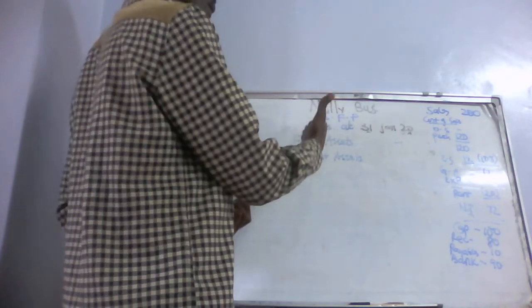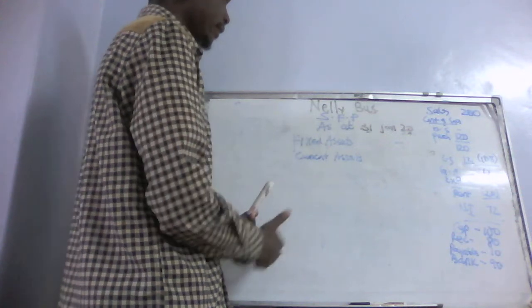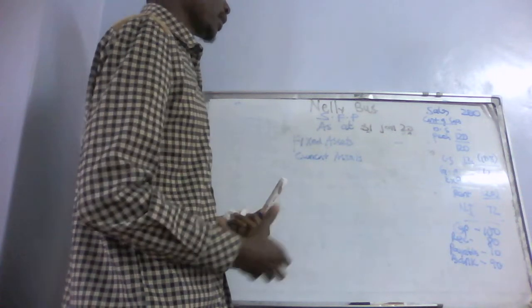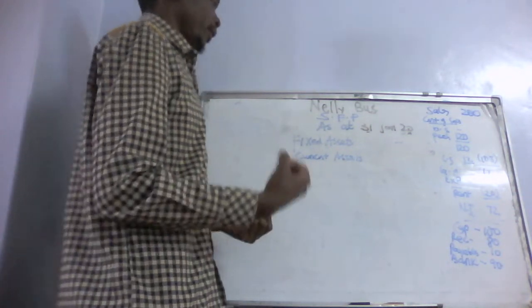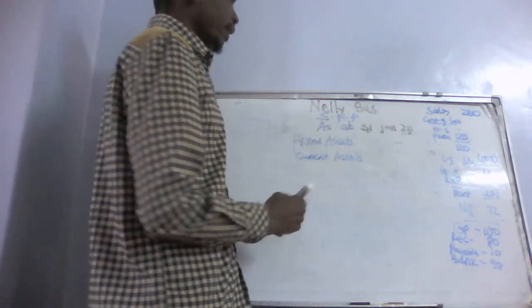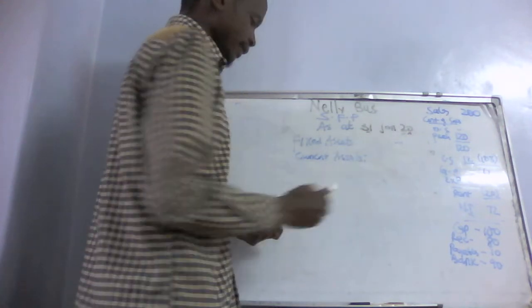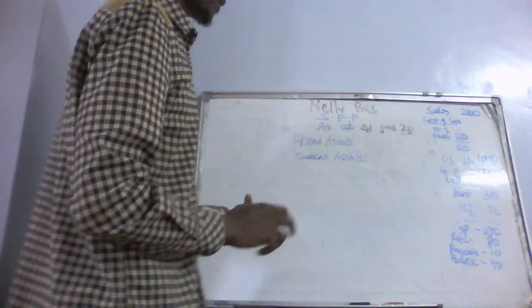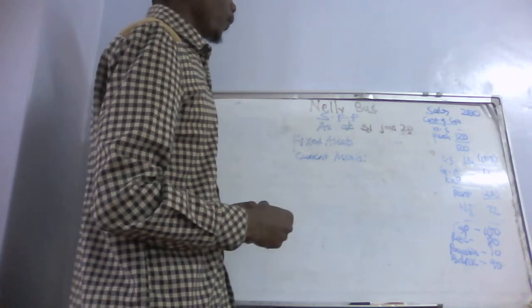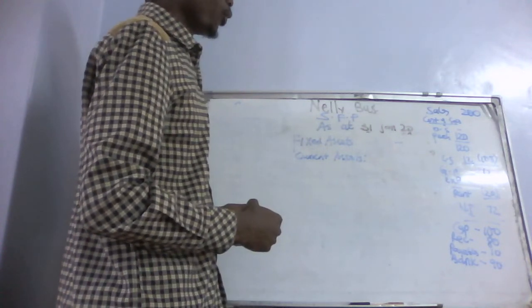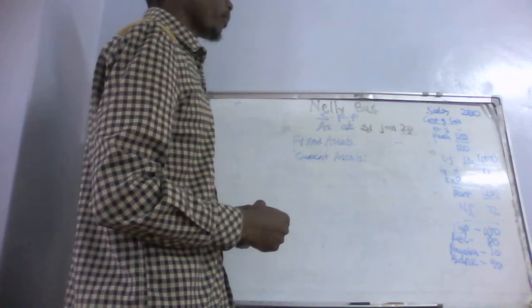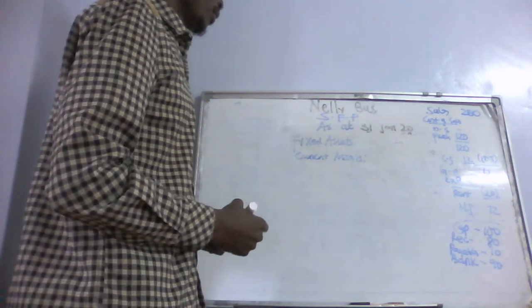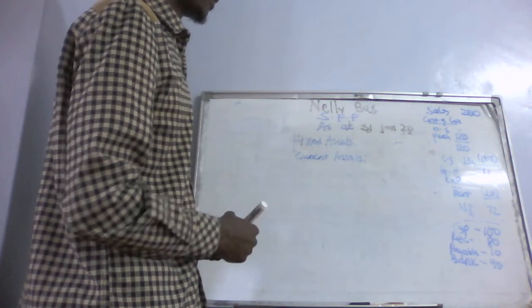Those are fixed assets or non-current assets, expected to last in the business for more than one financial period. Now, current assets are assets that are expected to last in the business for a period not exceeding 12 months, because a financial year is 12 months.